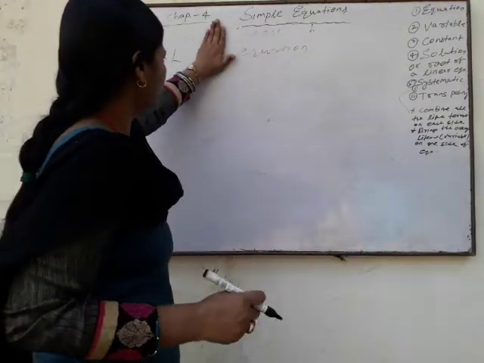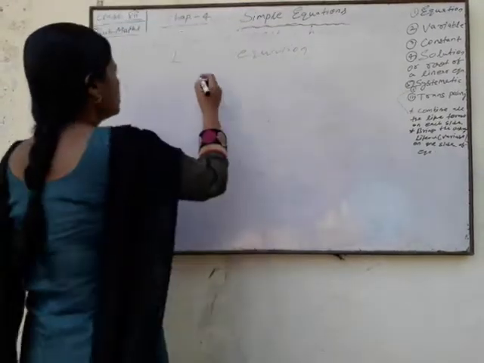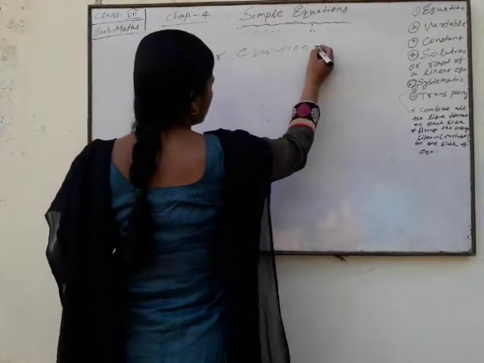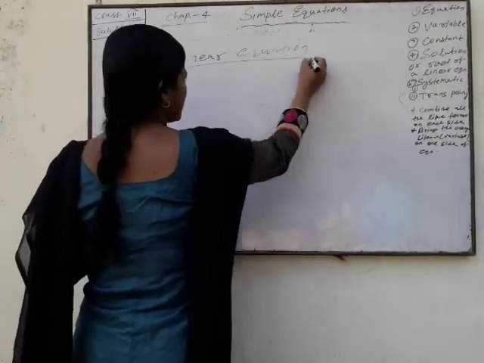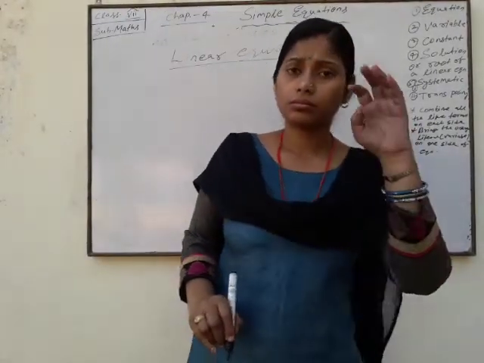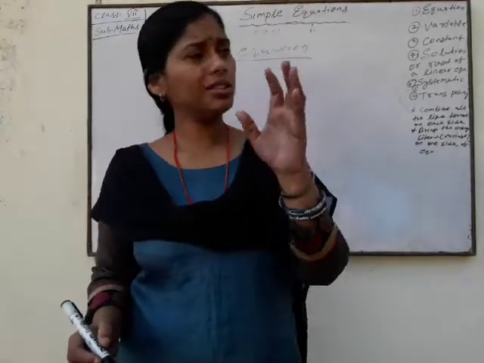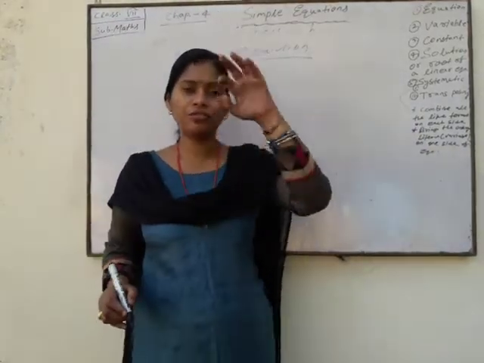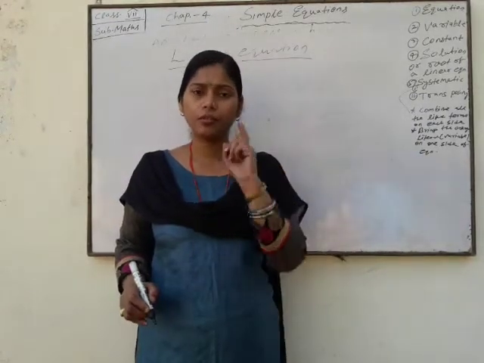Here we will discuss linear equations. So what is a linear equation? An equation having degree 1, it means the highest power of the variable is 1.